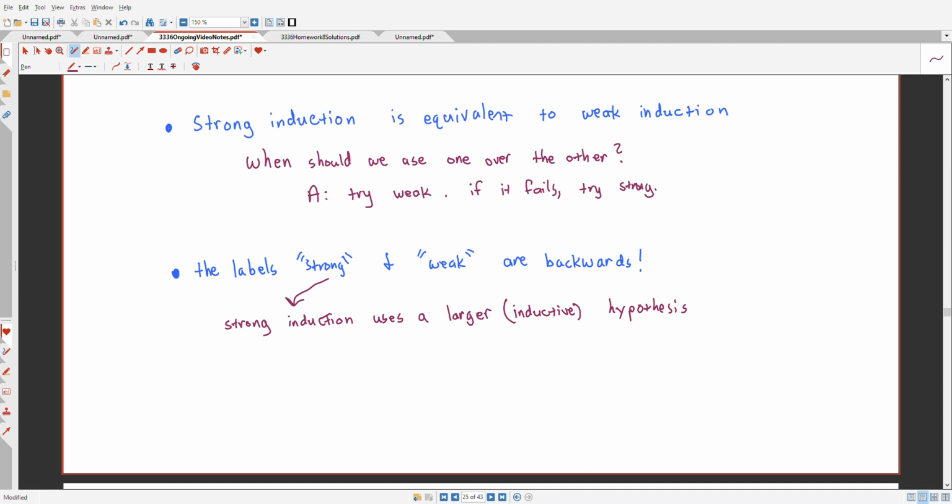So it feels like you have more ability to prove things, but that's only because you have assumed more. So strong induction uses a larger hypothesis to prove the same conclusion as regular induction, to prove that the k+1 case is true. So because this technique has to assume more, logicians would say this is a weaker technique.